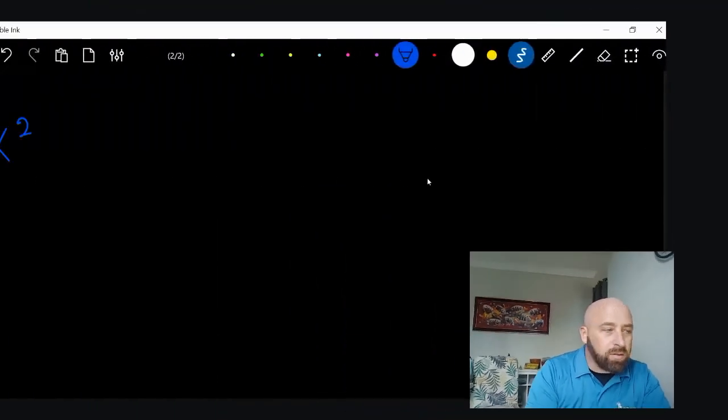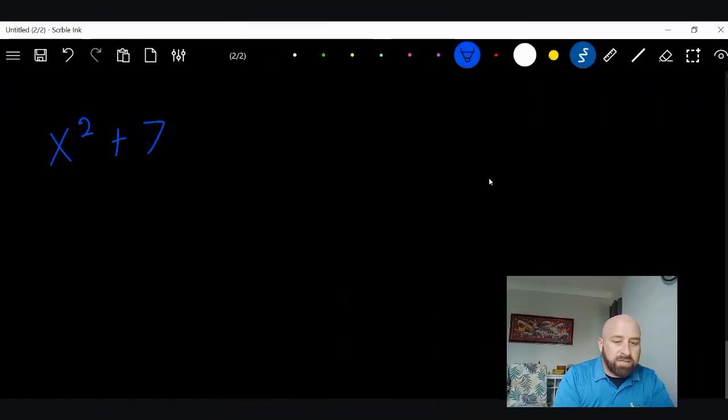All right, the last thing is, well, there's actually two more things, but when you have something that looks like this, a trinomial times a trinomial, x squared plus 7x minus 2 times x squared minus 4x plus 3. You're not going to see this a whole lot, but you do see it occasionally.